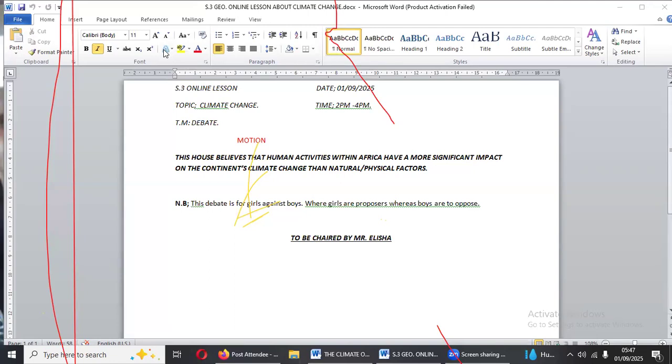To add on what she said, according to me, I agree that human activities are the main cause of climate change. Definitely the natural activities have been there, but take the vegetation cover in DRC, the equatorial rainforests.